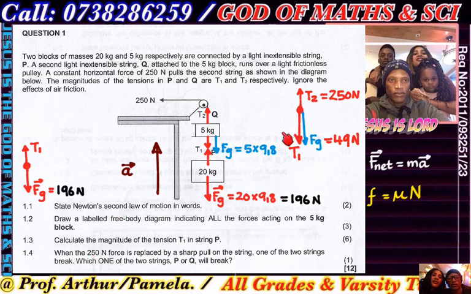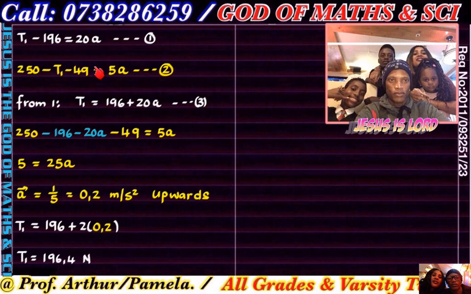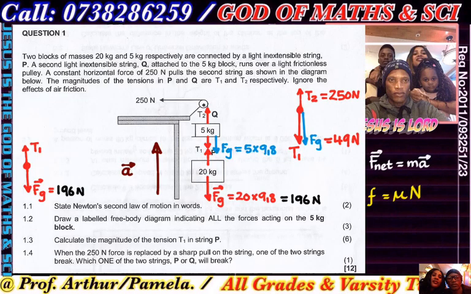And then we did this one, the 20 kg. Now they say calculate the magnitude of the tension T1. We did. Yeah, we got the tension. We had to do the simultaneous equation.